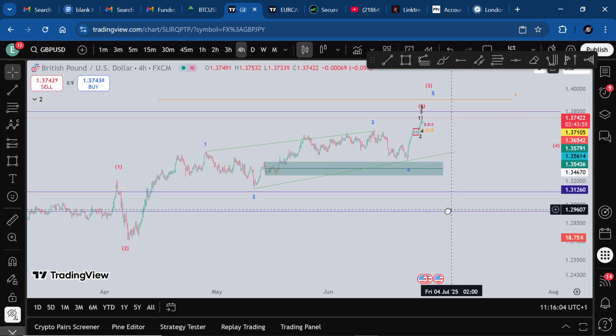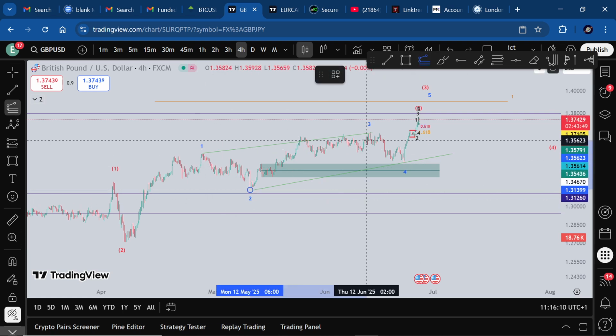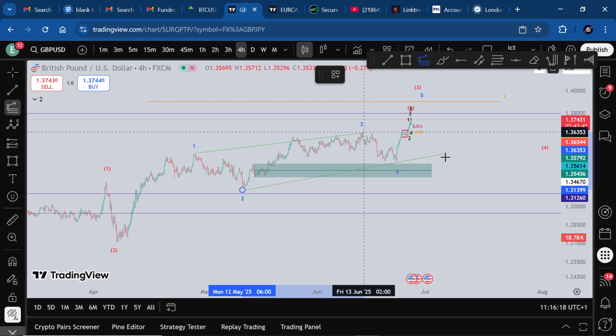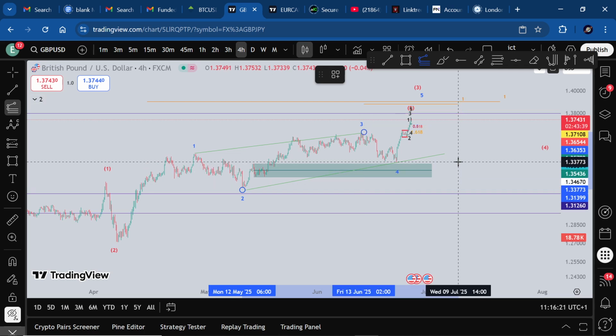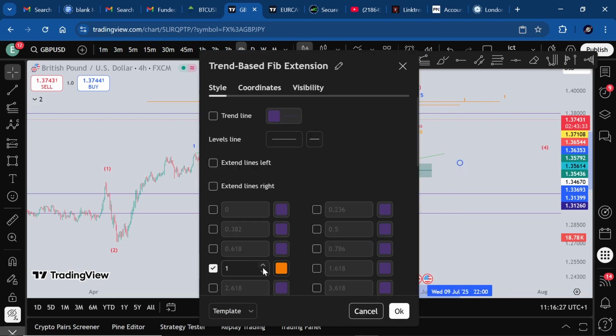Let me just mark out the third wave as one. Sorry, one second. That's 1 and that's 2. This is 3, and this is 4. Let's make this one red.